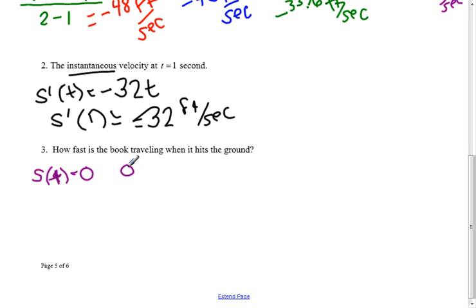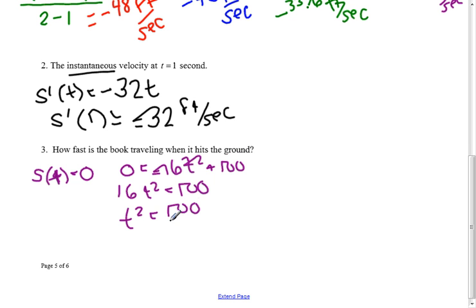So set our position function equal to 0 here, negative 16t squared plus 100. Alright, so we get 16t squared equals 100. Divide both sides by 16. We can reduce that, and we're going to leave it in fractions because we're not afraid of fractions.